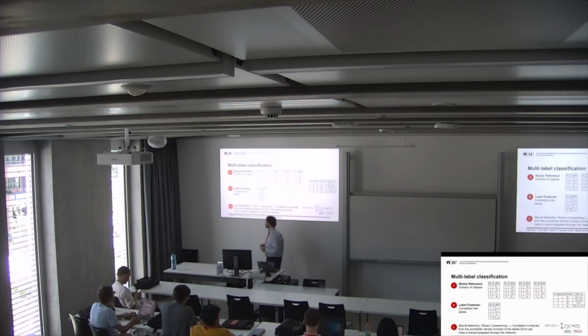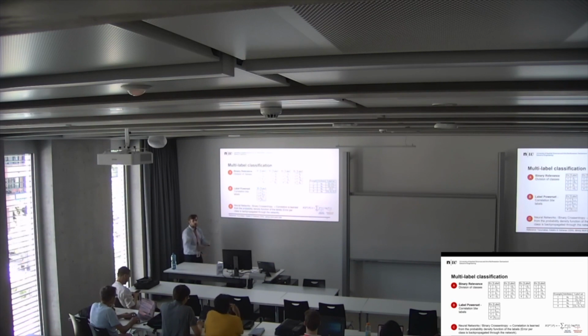I will use in the experiments one multi-label classifier, which is quite simple: the binary relevance. It regards the labels independently, so you train a classifier per label. There's also the label power set, which can use the correlations, but usually tries to find unique labels.